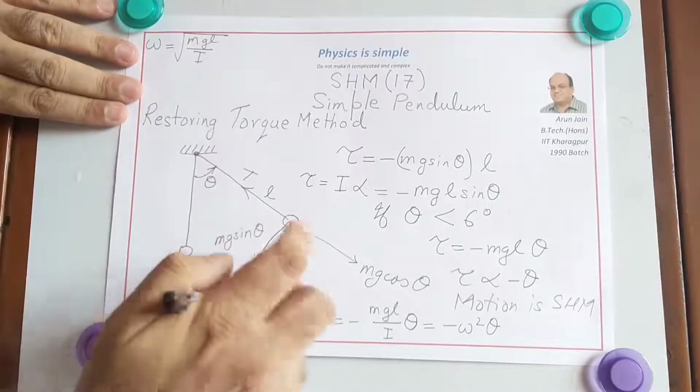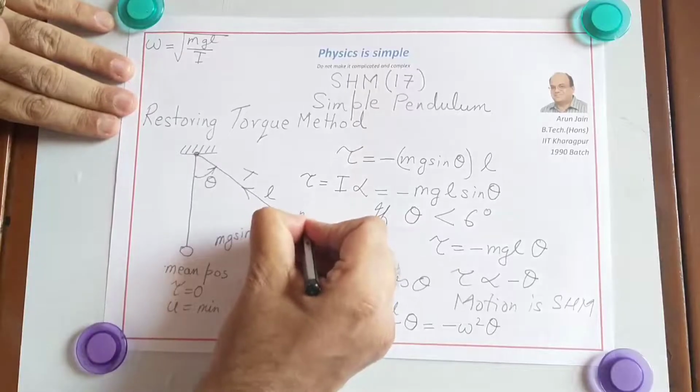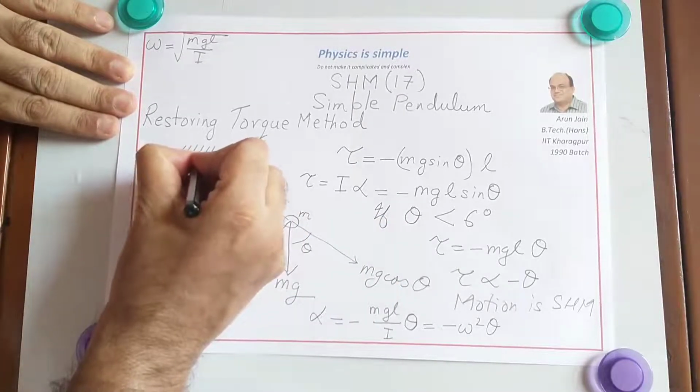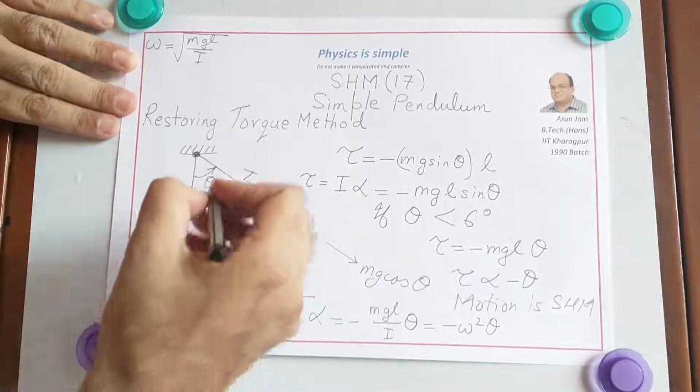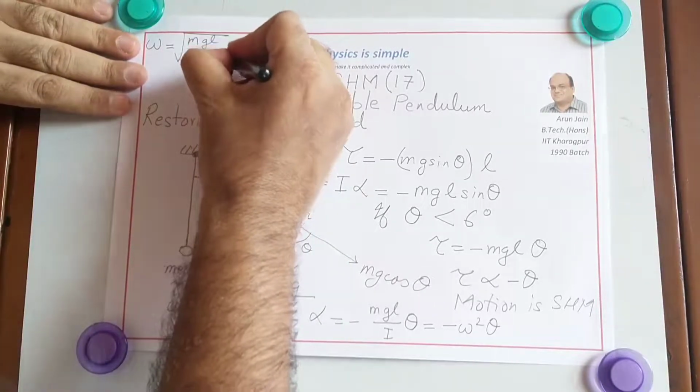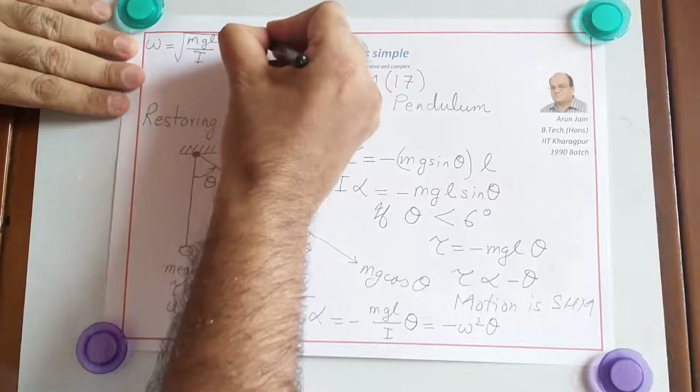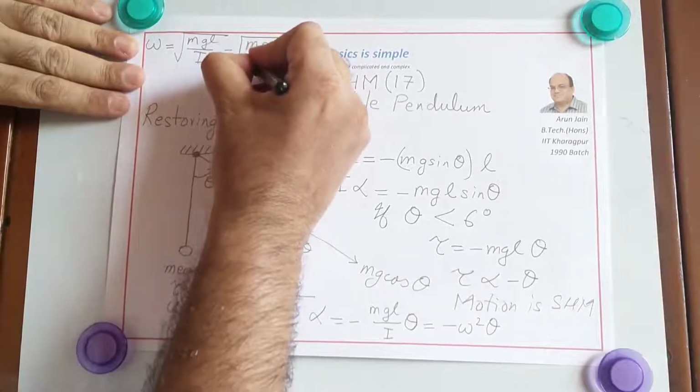And the moment of inertia of this bob about this axis, which is the axis of rotation, is m into L square, mass into distance square. So mgL by mL square.